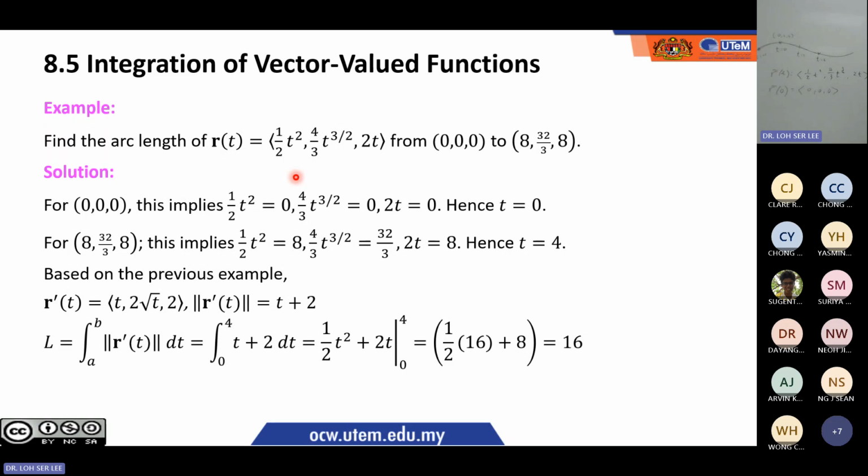Next example. You are not given the t values, you are given the points.